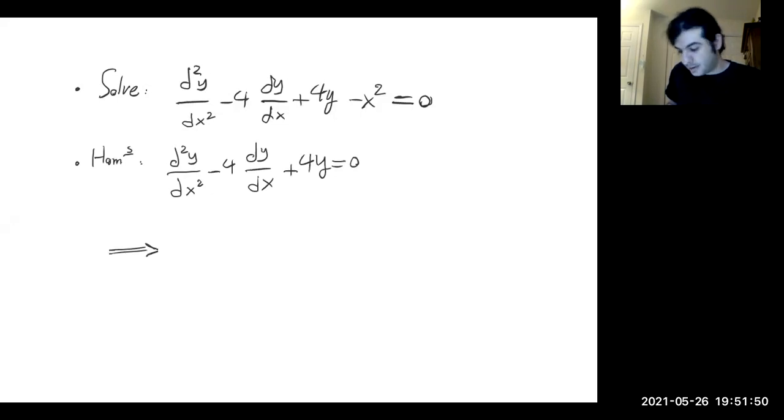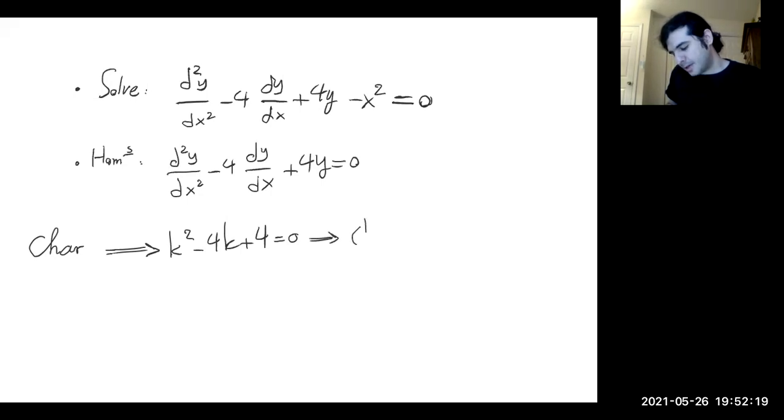And okay, we have a solution from Anthony. That looks correct. Let's see if I can get the same solution or not. Then we would look at the characteristic polynomial: k squared minus 4k plus 4 equals 0, which means (k minus 2) squared is equal to 0.